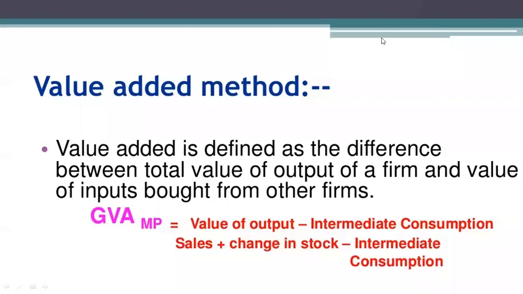But when we are using this method, we have to take some precautions also. Intermediate goods are not to be included in the national income, since such goods are already included in the value of the final goods. Otherwise, it will lead to double counting. Purchase and sale of second-hand goods is not included, as they were included in the year in which they were produced, so we are not adding them again and again, and do not add them to the current flow of goods and services.